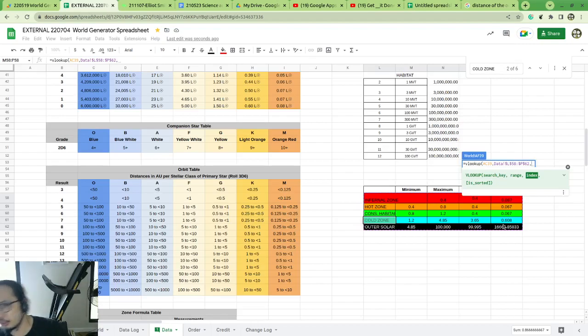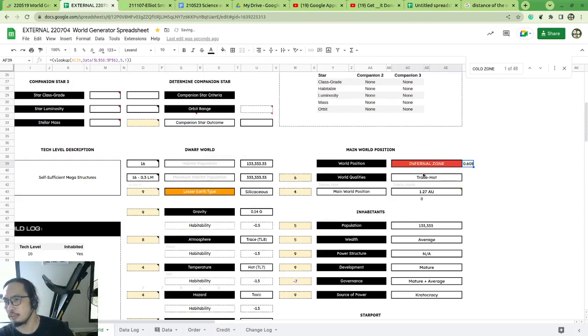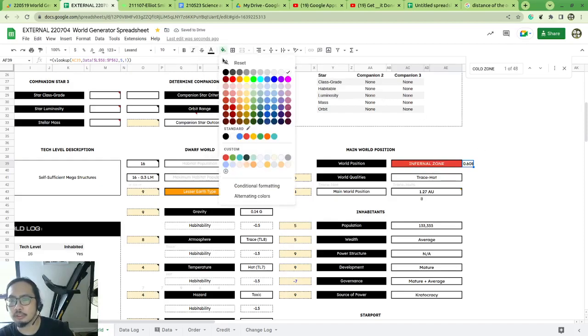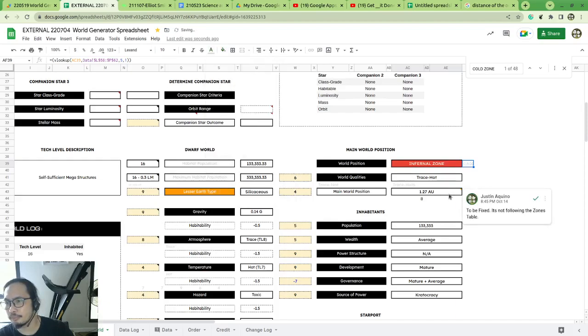The index is 1, 2, 3, 4, 5. Is sorted 1, I think. And then, of course, double the brackets because this is supposed to be multiplied, but not yet. So okay, let's make it here, and then very simple.